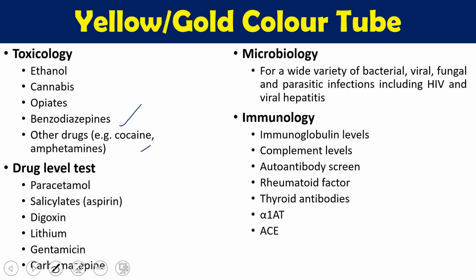For immunological tests like immunoglobulin levels, complement systems, autoantibodies, rheumatoid factors, thyroid autoantibodies, alpha-1 antitrypsin. So all these tests can be done by using serum taken from these gold or yellow tubes, or you can call it SST tubes.